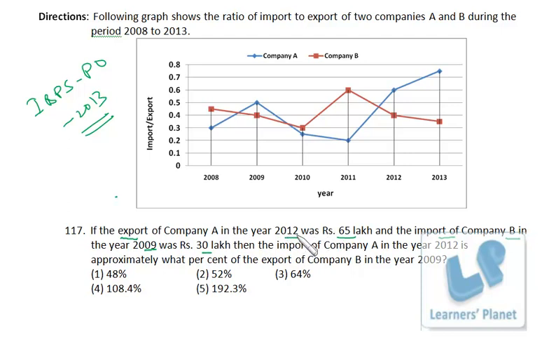So in year 2012, export is 65 lakh and the import export ratio for company A is 0.6. That means import is 60% of export, right? So 60% of 65 lakh must be 39 lakh, right? So that is actually import of company A.